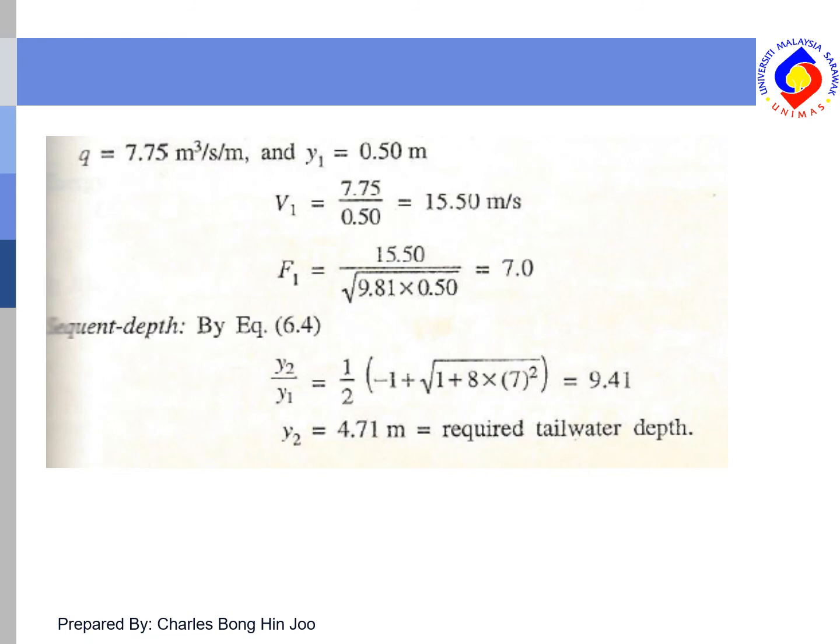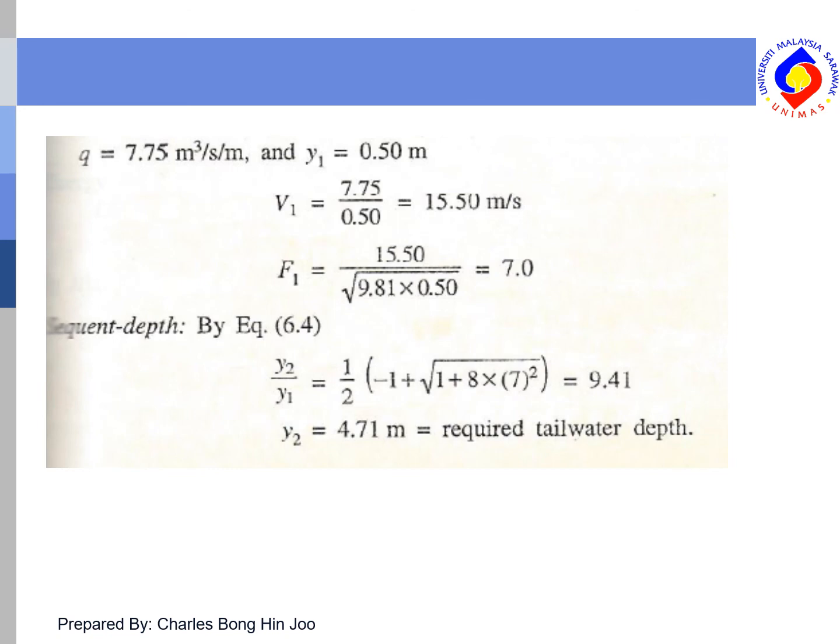Hence, the Froude number F1 will be equal to V divided by the square root of g y1, or in other words, 15.5 divided by the square root of 9.81 multiplied by 0.5, you get the Froude number as 7.